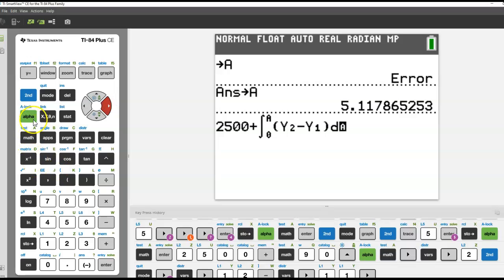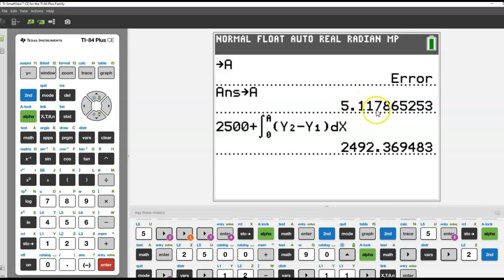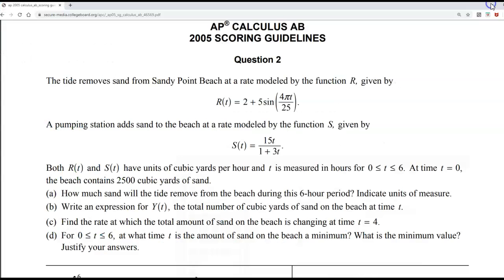And that's dx. There it is. So that's the amount of sand on the beach by t equals 5.118, because that's what A represents. So I've got 249.2.